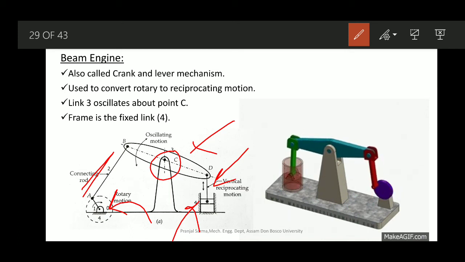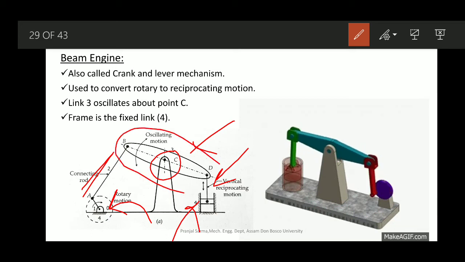Motion is transmitted through the connecting rod, link 3 oscillates about its pivot, and because of this arrangement we get a reciprocating motion.